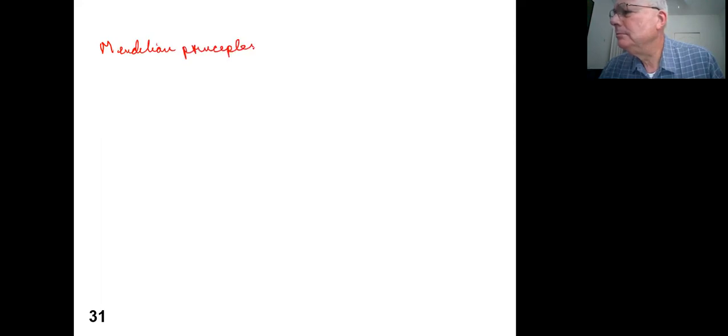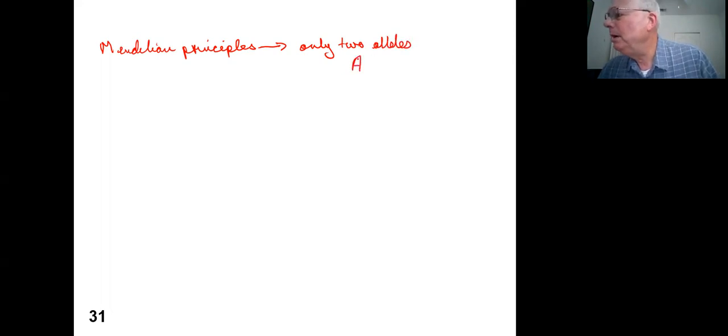So we have to remember that this is based on Mendelian principles. So we have to start with Mendelian principles. And the most important here is only two alleles, which for our purposes we will call big A and little a.